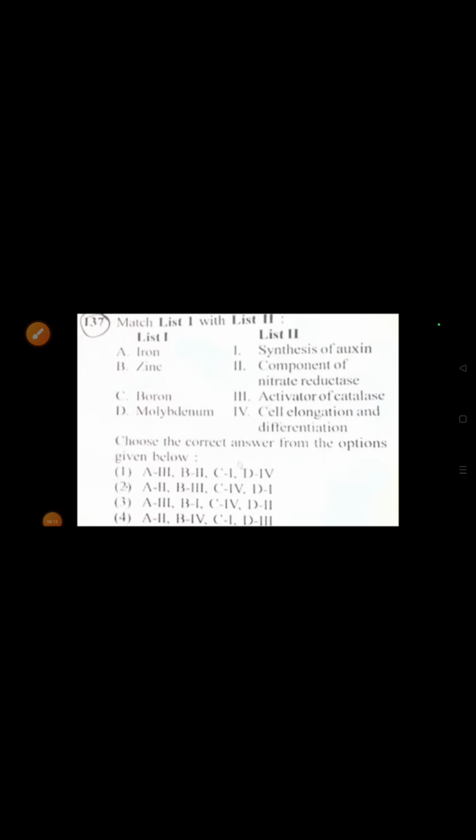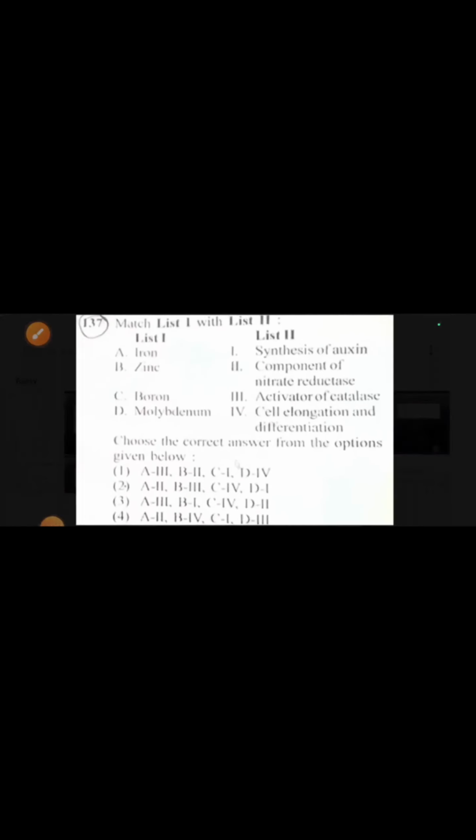Match the column. Iron, activator of catalase. So third. Zinc, synthesis of auxin. First.